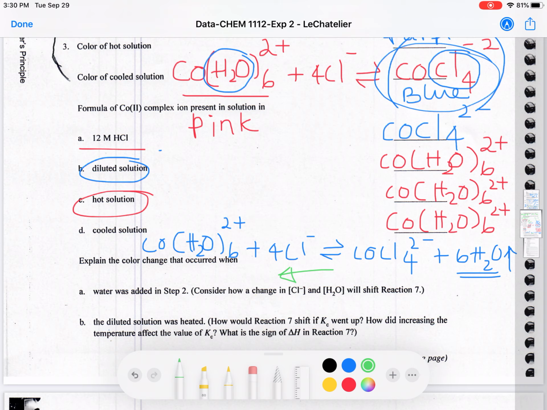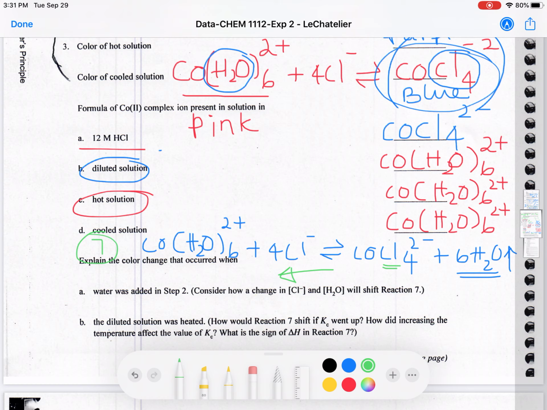When water is added, consider how a change in chloride and water will shift reaction 7. So reaction 7, which is this reaction, shifts to the left side. Okay, so that's reaction 7. The chloride ions will be replaced by the water that you added and it gave you the pink complex.